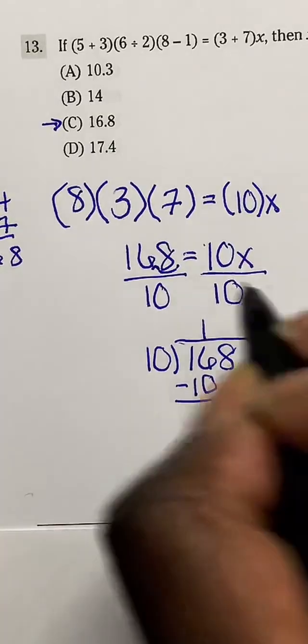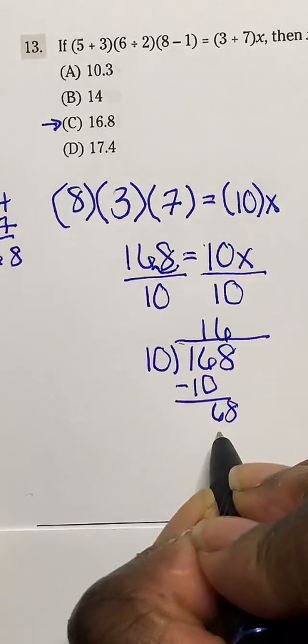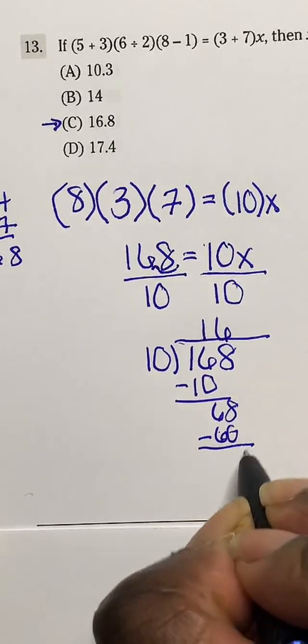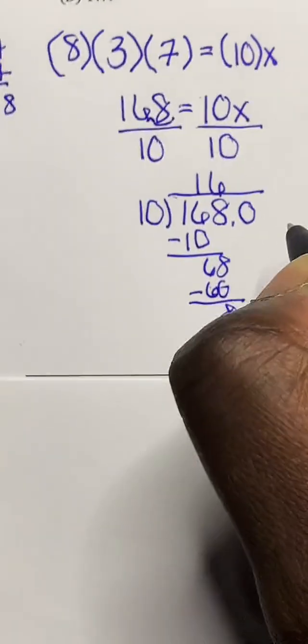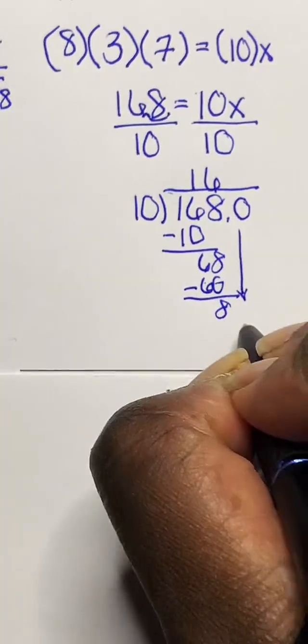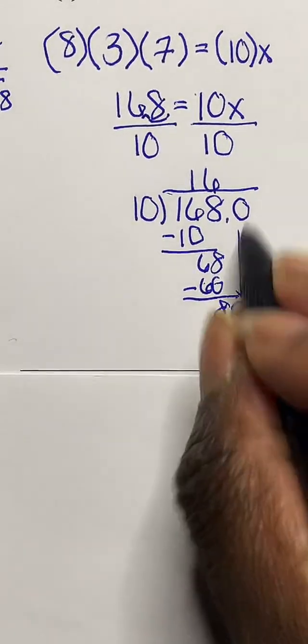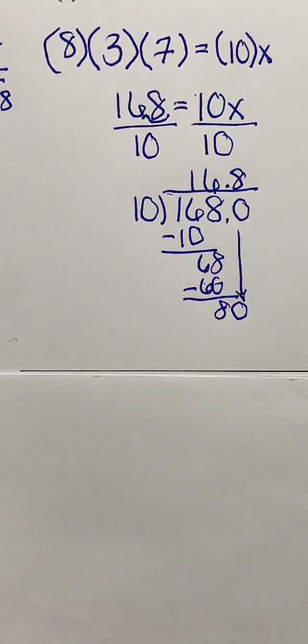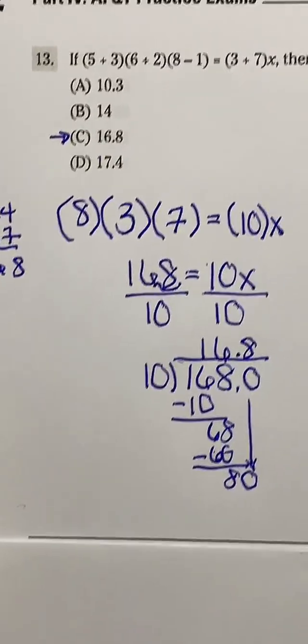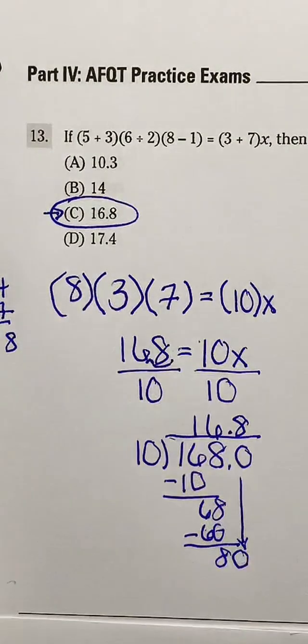How many 10s go into 68? 6. With my decimal and my 0, we're going to bring that 0 down. How many 10s go into 80? 8. So if you can recall, no matter what, our answer is going to be C.